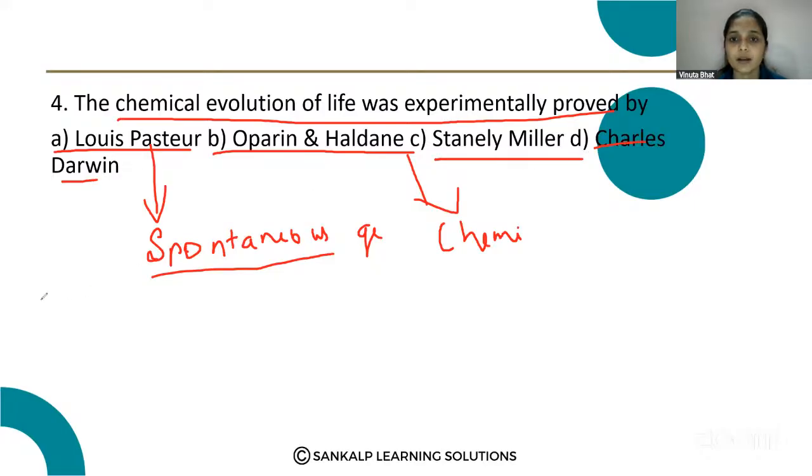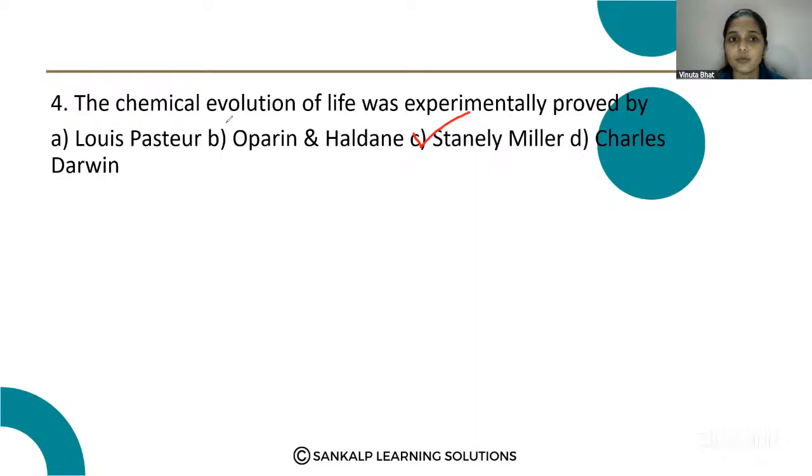What is the meaning of the chemical evolution of life? According to this theory, life originated from some inorganic and organic molecules.